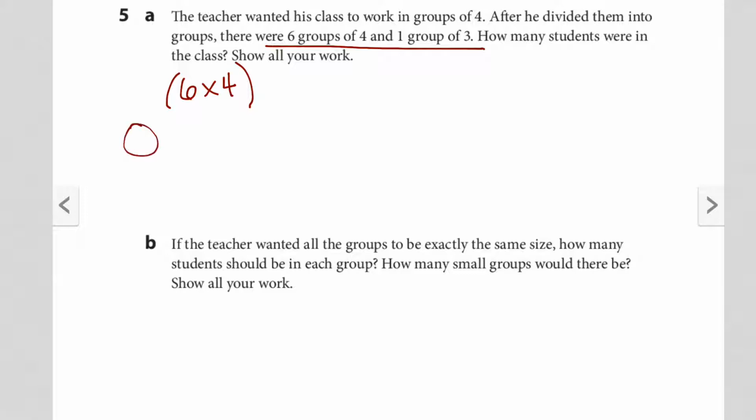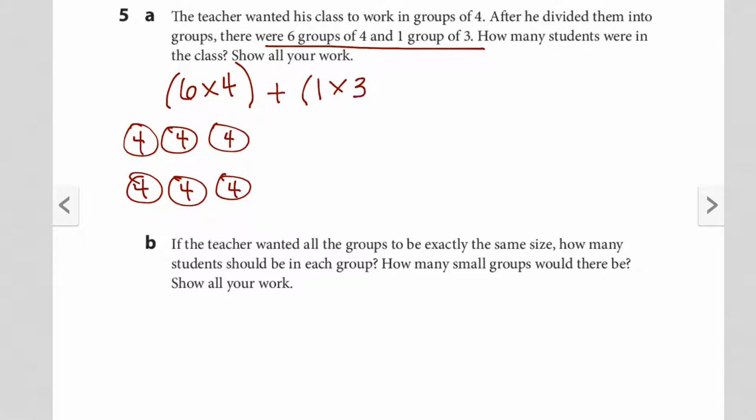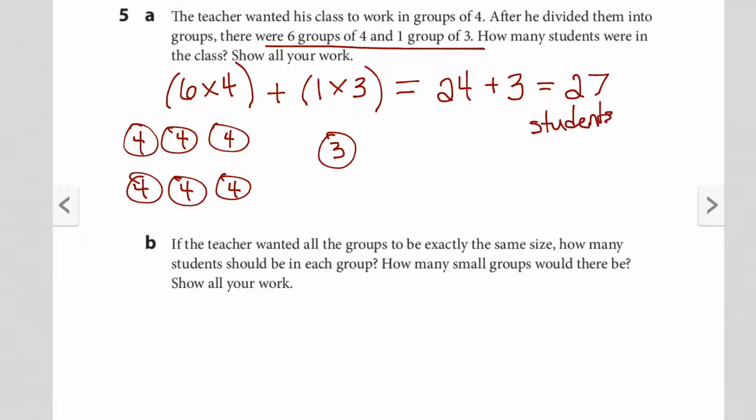With pictures, there are my 6 groups, and in each group I have 4. Plus, there is 1 group of 3. Well, 6 times 4 is 24, plus 1 times 3 is 3, so there were 27 students in the class.